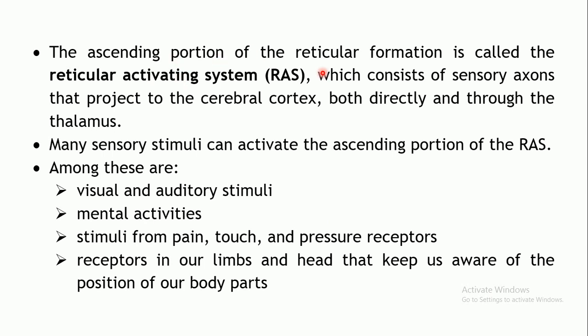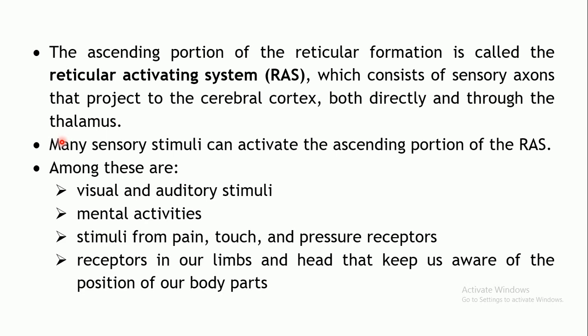Now the ascending portion of the reticular formation, that is the ascending neurons which are present over here, is called the reticular activating system, that is RAS. This comprises sensory axons which project towards the cerebral cortex, either directly or relaying through the thalamus. Most of the sensory inputs are given to the higher centers through these ascending portions.